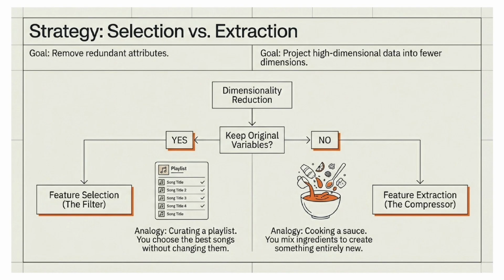If the answer is yes, we apply feature selection. Feature selection works like a filter. Here, we retain the most relevant features and remove redundant or irrelevant ones without altering their original meaning. Feature extraction acts as a compressor. Here, original variables are combined or transformed to create entirely new features.